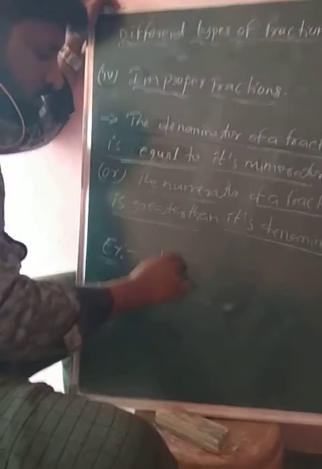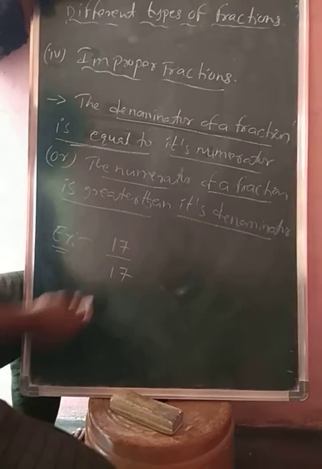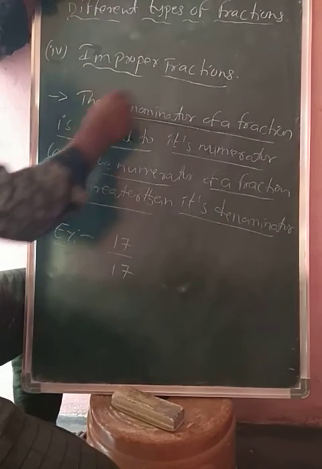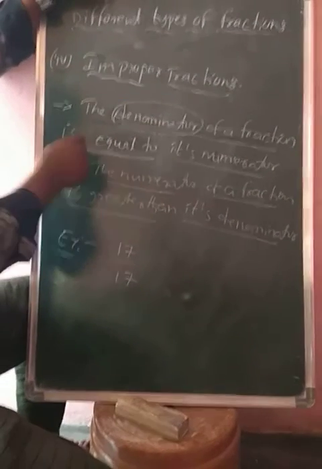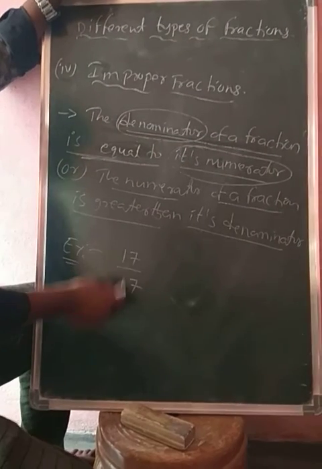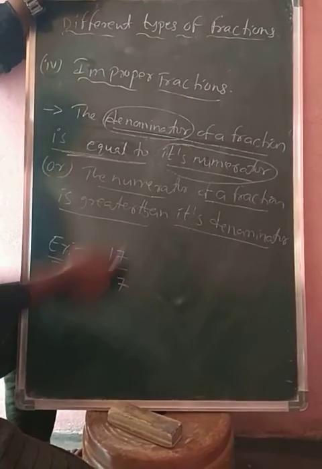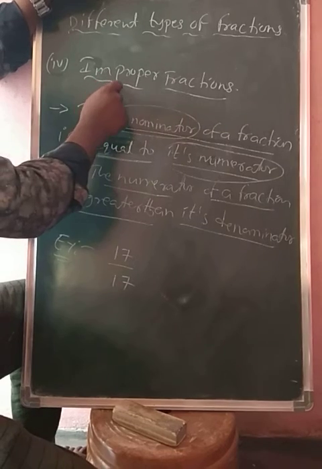For example, 17 by 17. 17 is the denominator. It is equal to its numerator, 17. Numerator and denominator are both equal. We call it also an improper fraction.